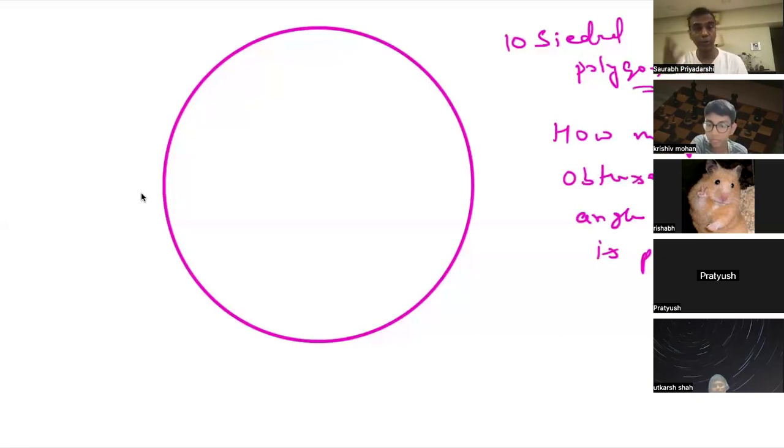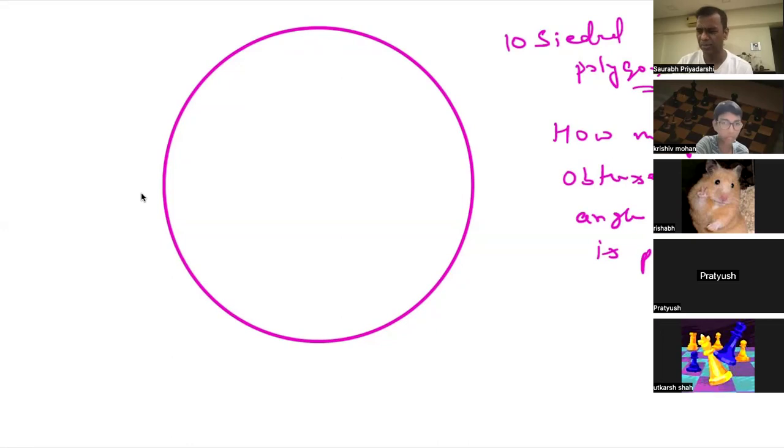Maybe the question would be 2024, right? In a 2024-gon, how many, and find the last 2 digits of this number or something like that. But I'm giving you just for understanding. In a 10-sided polygon, how many obtuse angle triangles are possible?